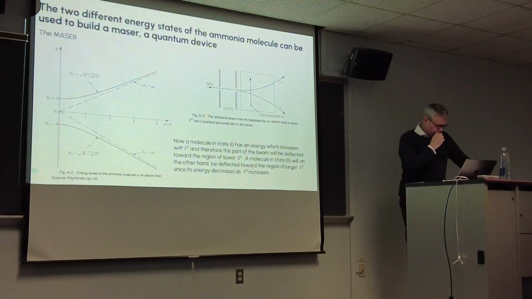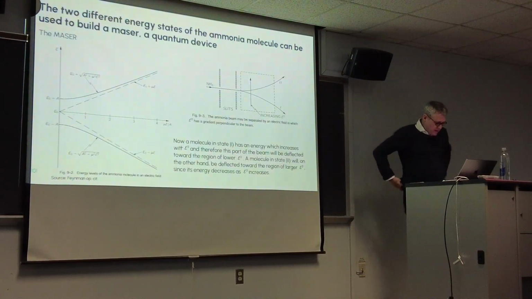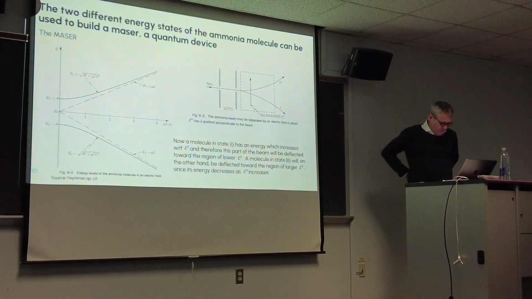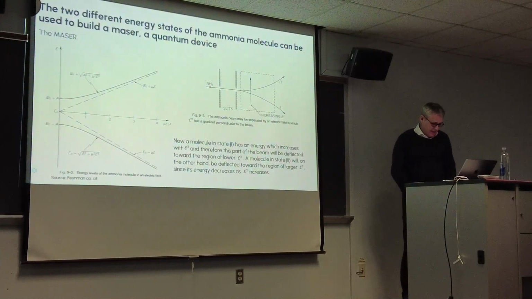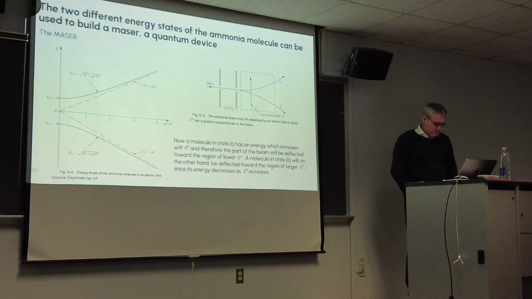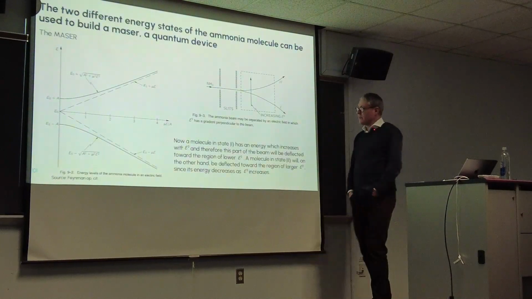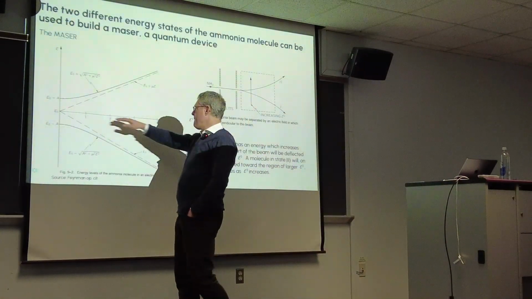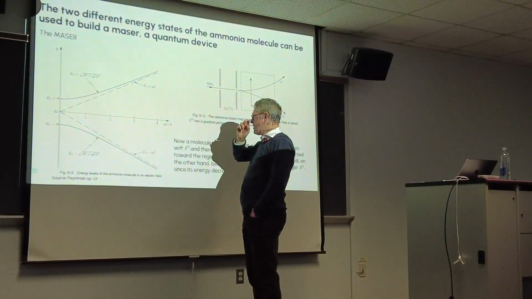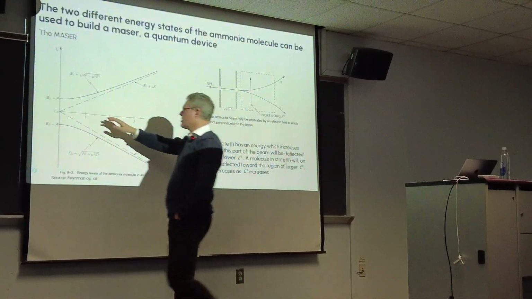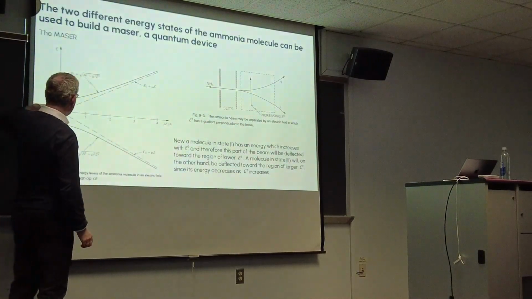Now we have again something like the Stern-Gerlach apparatus, that we can now build a device that can split the two different energy levels of the ammonia molecule in an electric field. So here we have an electric field, and with increasing electric field, we can split the two beams.